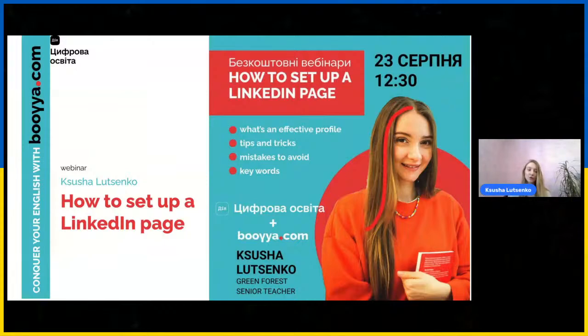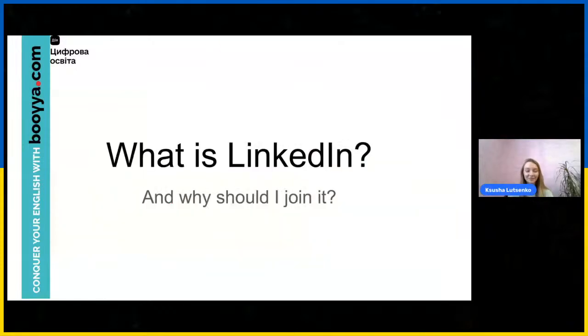We will also go through every section, how to fill it in and how to make your profile visually and in terms of the content effective and working. And we're also going to discuss some mistakes to avoid, not to get trapped. And I also want to pay attention today to keywords, how they work, why they are important for us to have on our LinkedIn page. All right, so let's start.